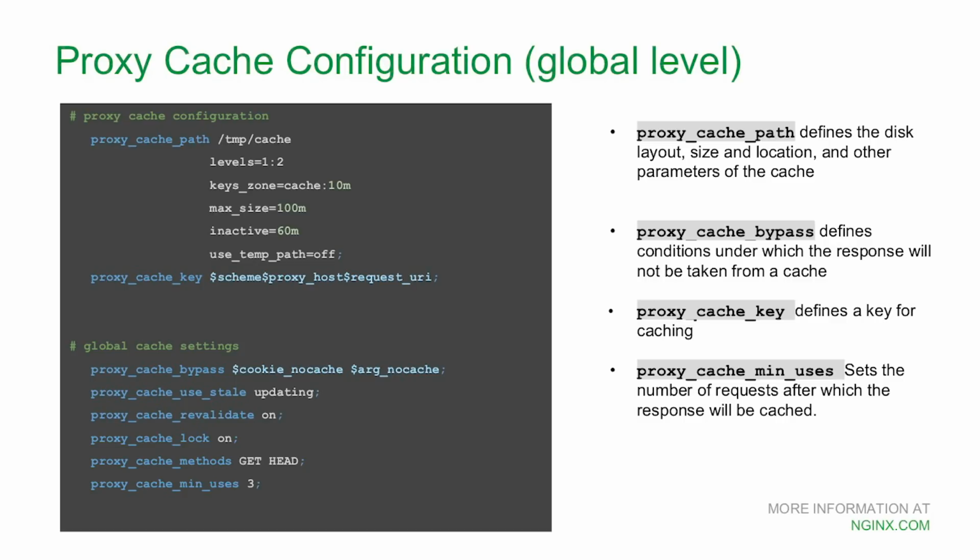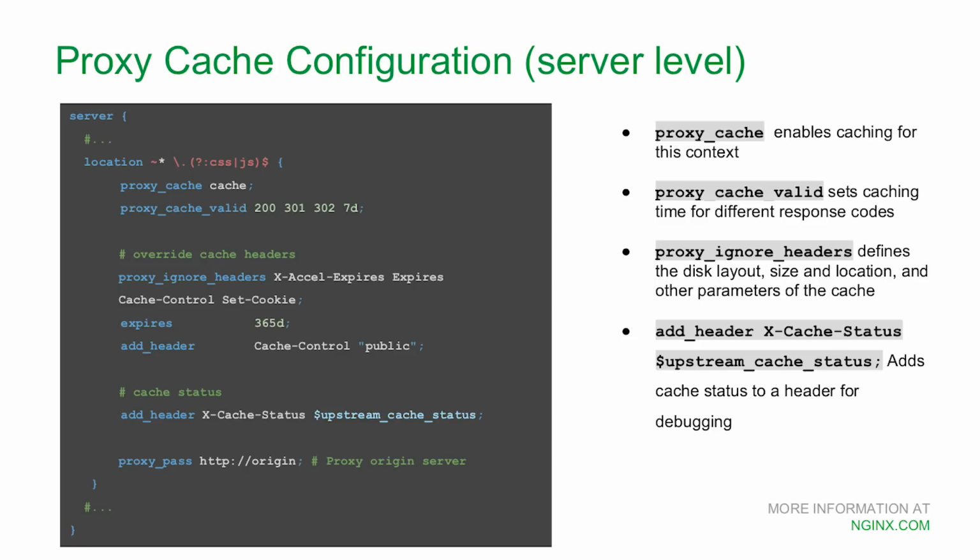So in this case here, we'll be caching unique objects based on the scheme, so HTTP or HTTPS, the proxy host, and also the request URL. And then we could use all sorts of different variables here to define a unique piece of content. That could be user agent, it could be cookie, it could be any sort of information that NGINX can read.